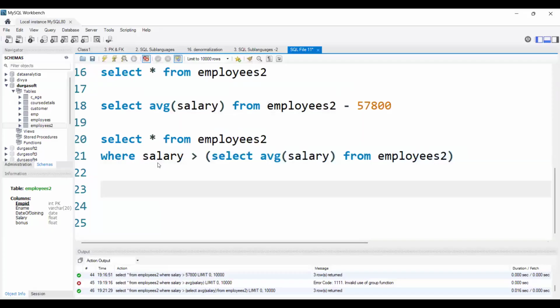See, how subqueries work: SQL will first go to the inner query and execute that one. Suppose we get some output, 57,800.